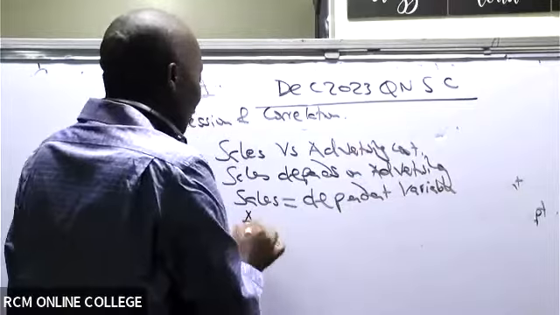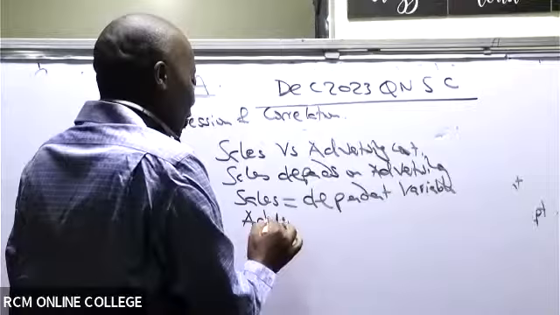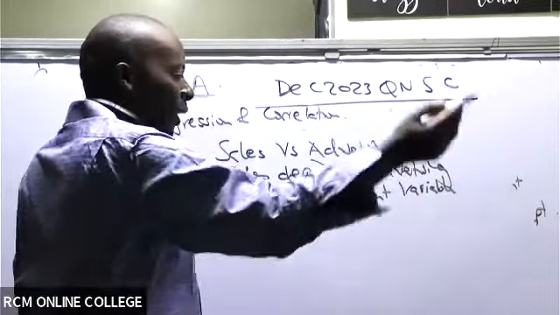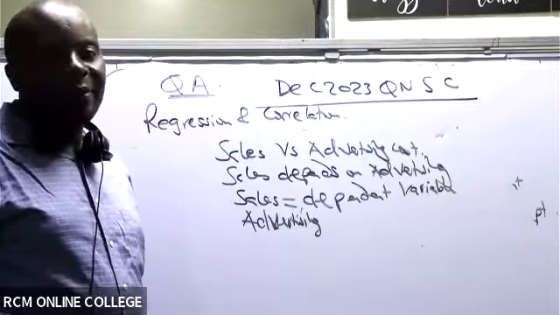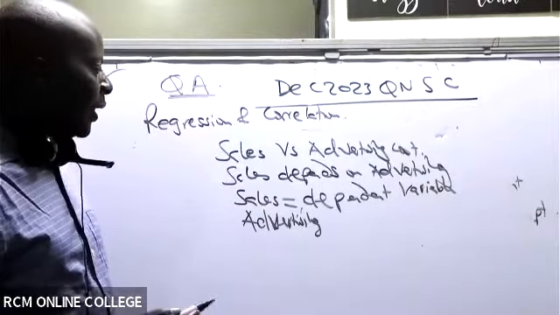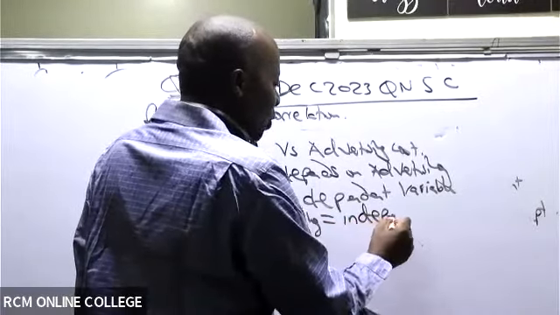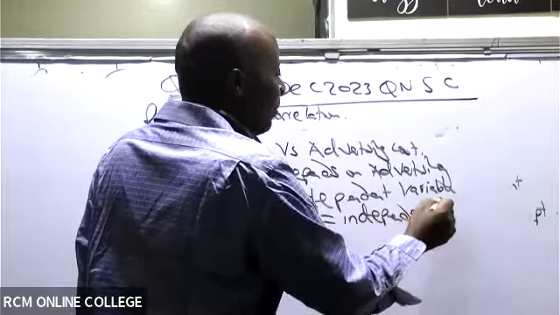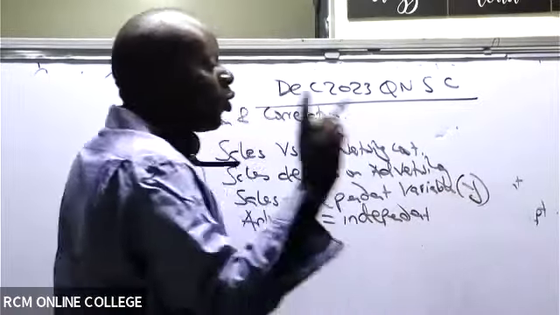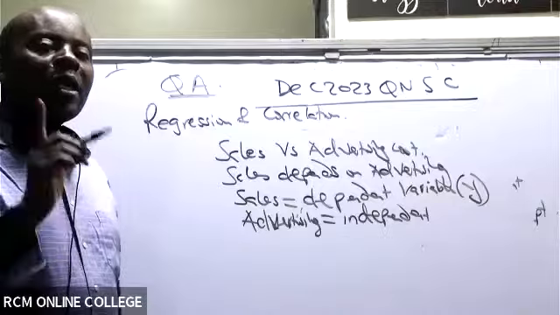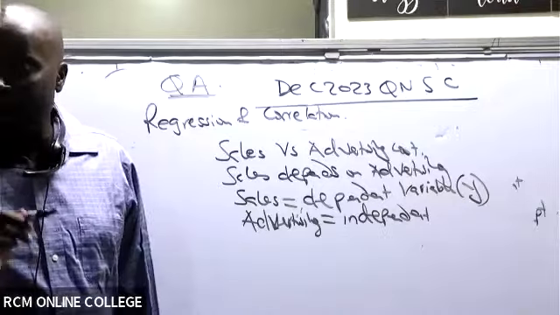And then we have advertising. Advertising will be now on the other side of the coin. So now in this case, the advertising cost will become independent. Remember, dependent variable is always your Y variable.